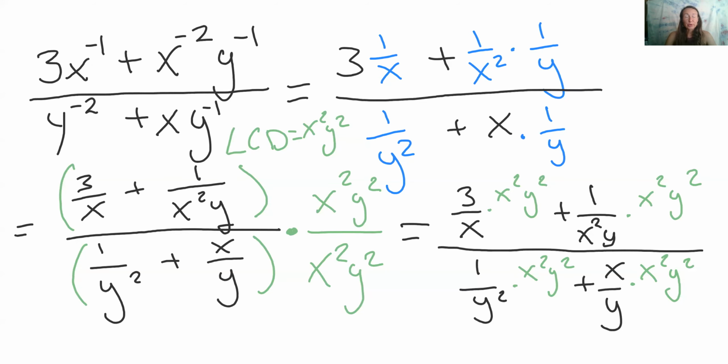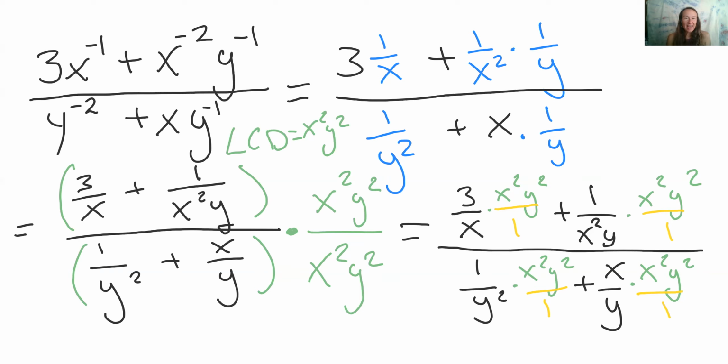So I distributed the x squared y squared to each term in the numerator and each term in the denominator, right? And remember, if you need to, you can write that as x squared y squared over 1, just to help yourself keep track of where it goes in the numerator or the denominator.